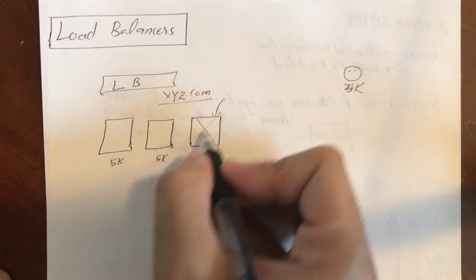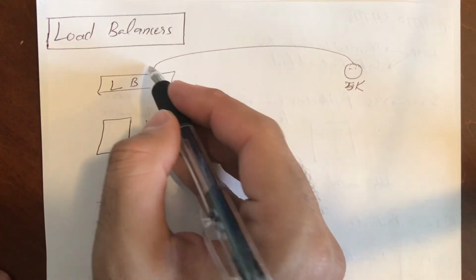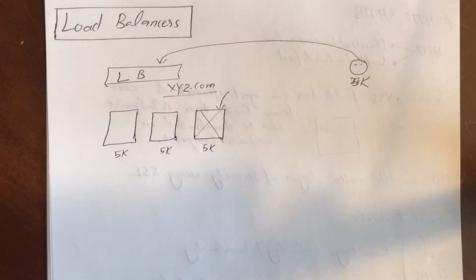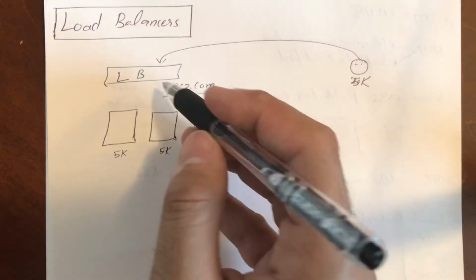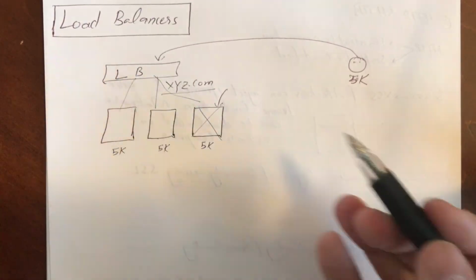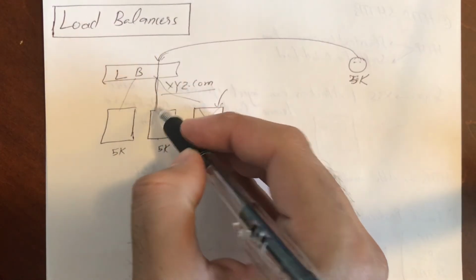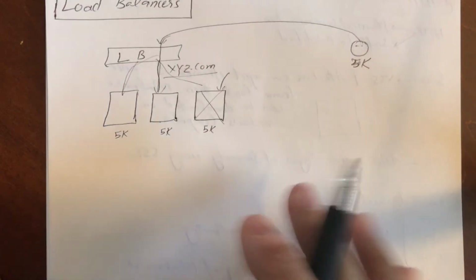If this particular server is fully occupied, and these 5,000 requests are directed to the web server, what will happen? The load balancer knows which server is full and which is not full. Then it will redirect those requests to other servers, just to balance the load.